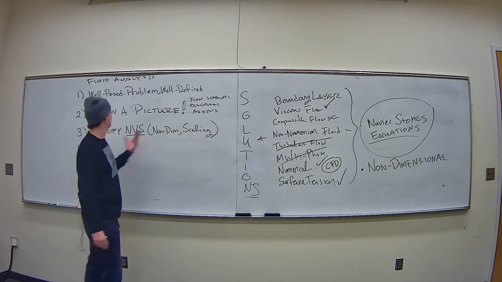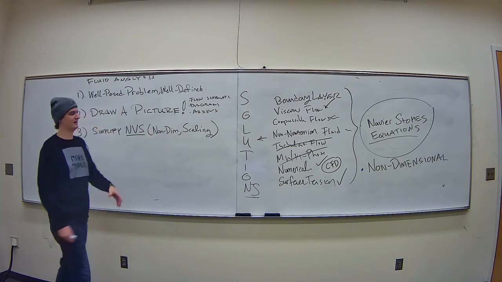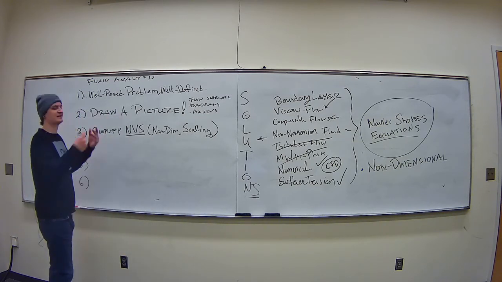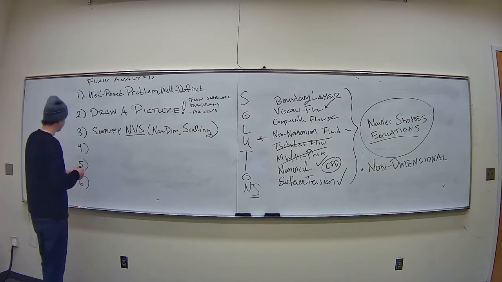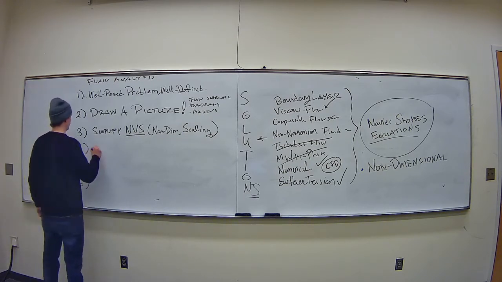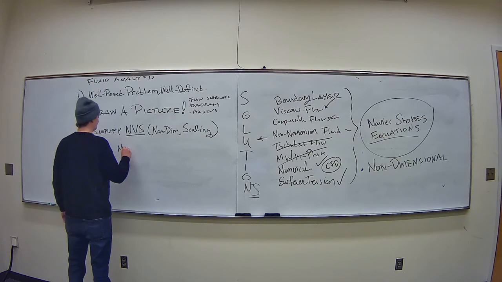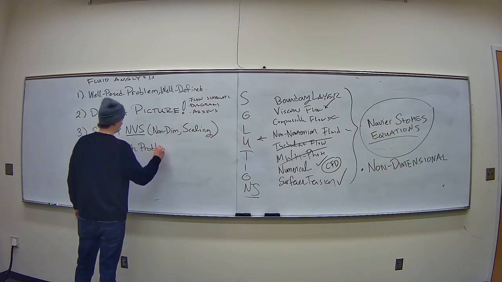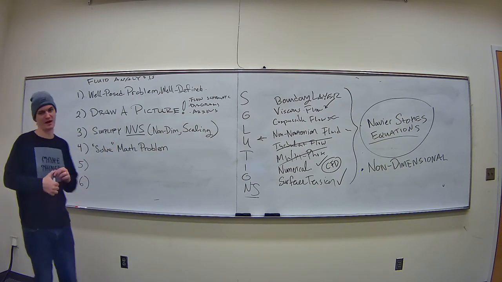The benefit of non-dimensionalizing is that you immediately see parameters that kill off terms in the full equation, and then you have a simpler math problem. So then you have to solve your math problem.